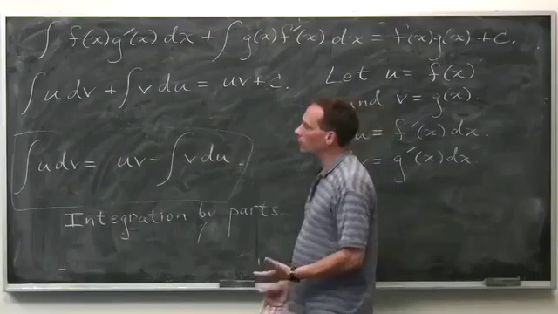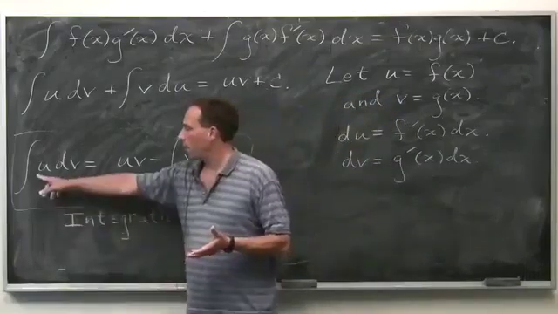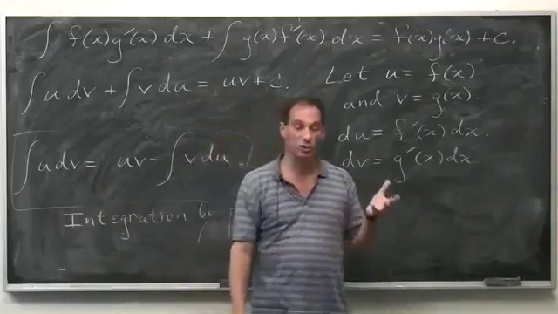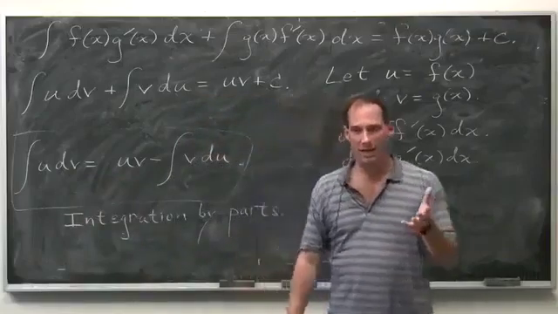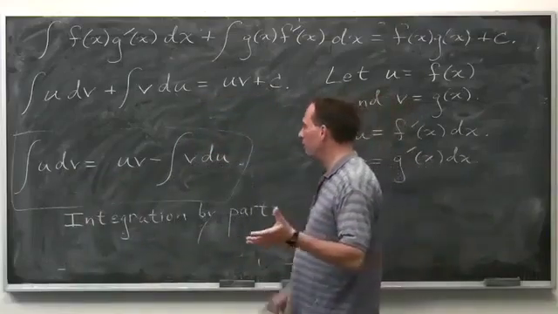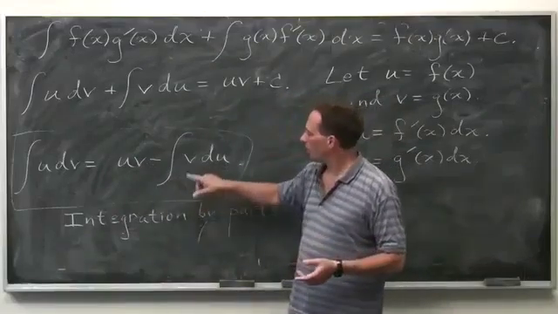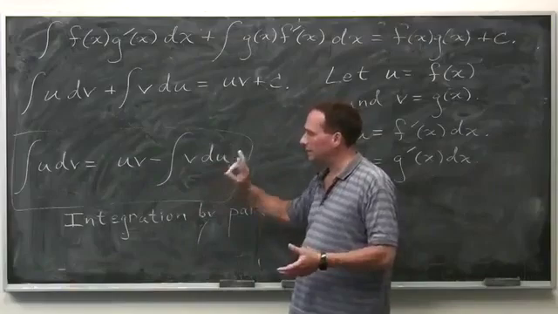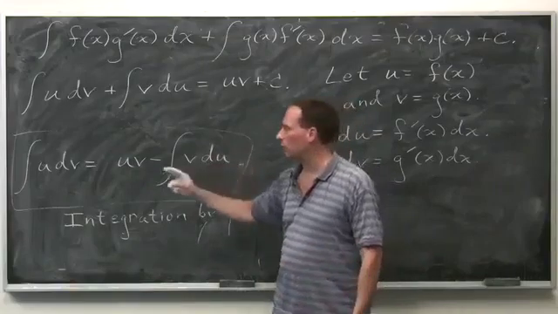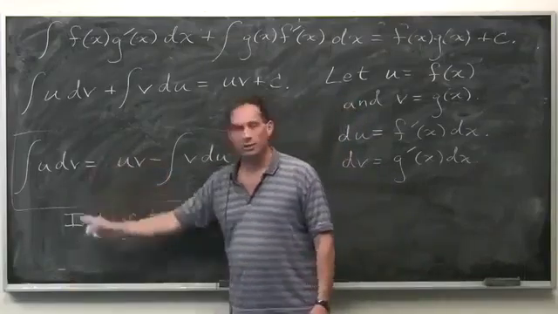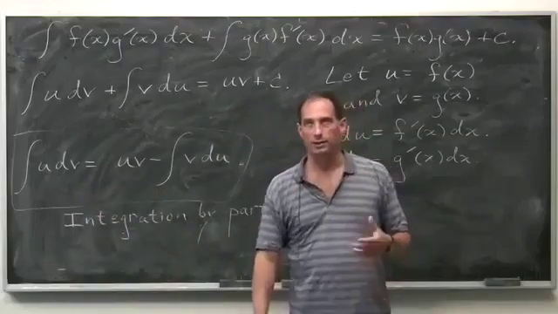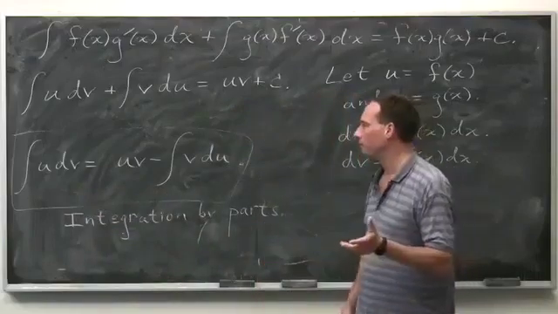Then you name part of what you see in your integrand u, and the rest of it has to be dv. And then you figure out du and v, apply this formula, and hope that this new integral, the integral of v du, what you get when you switch the roles of u and v, is easier than the integral you started with, or at least no more complicated.